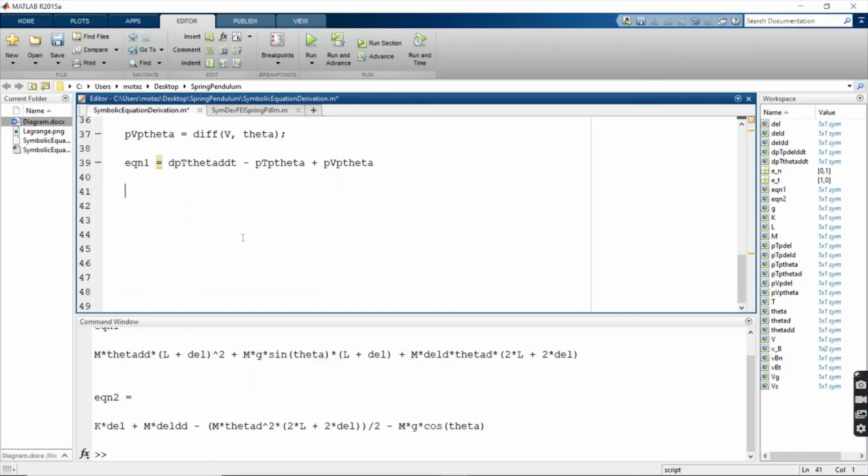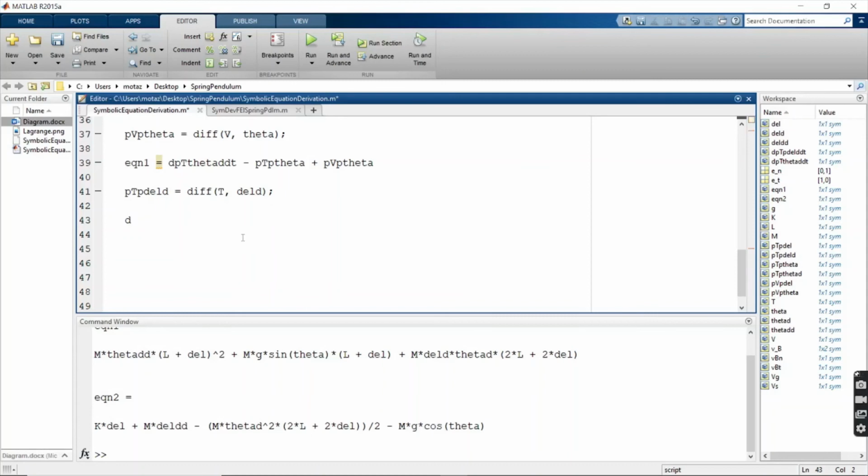So same exact process. So we take the partial of the kinetic energy with respect to del dot, and that's just going to equal, take the derivative d comma del dot. And now we need to take the time derivative of this term.